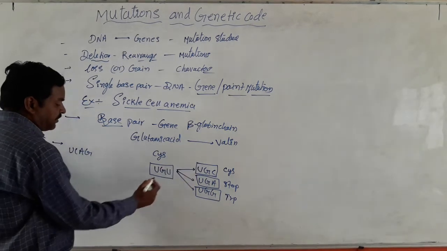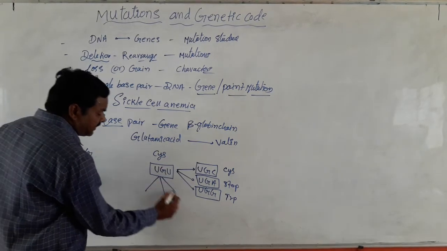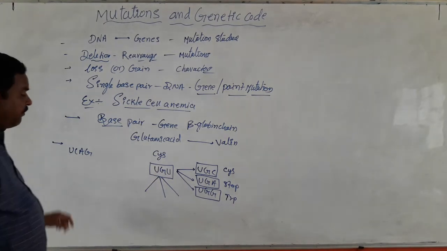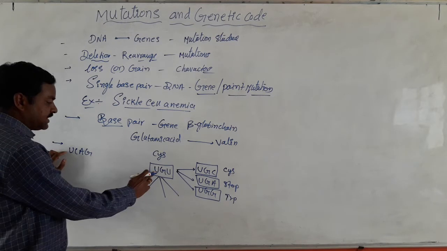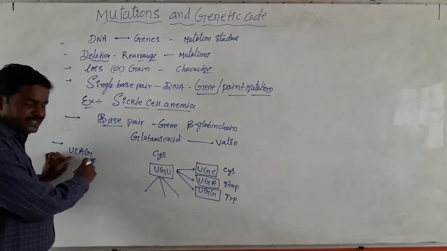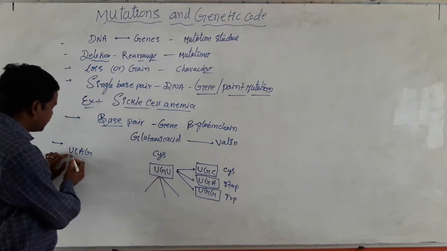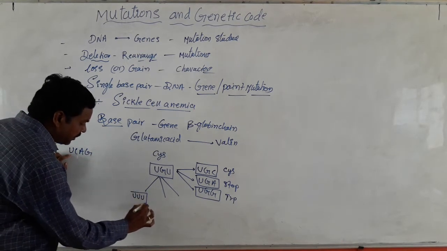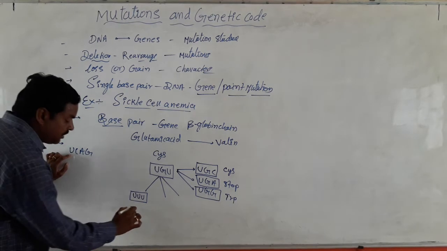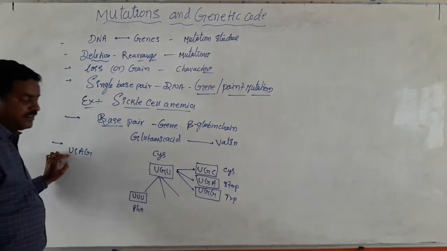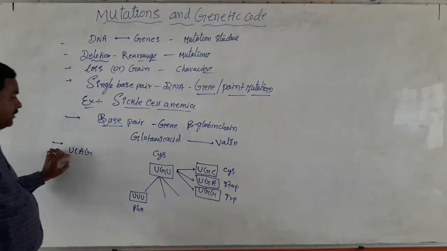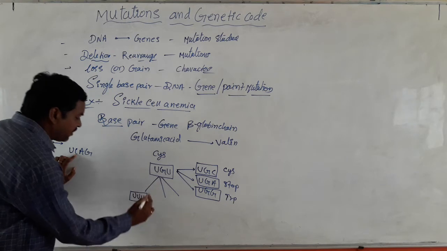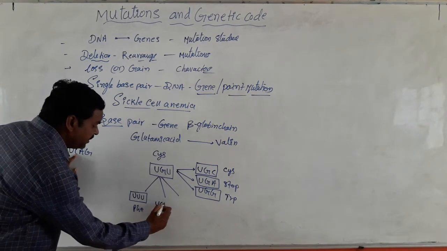Similarly, for example, when the middle letter G is replaced by any one of these, say by U, it leads to the formation of UUU. Now this triple U codon recognizes phenylalanine. When this G is replaced by C, that leads to the formation of UCU.